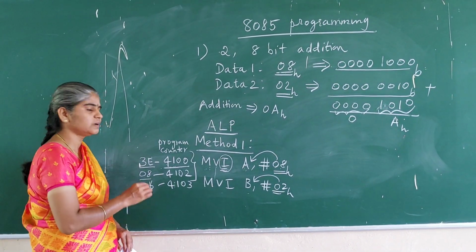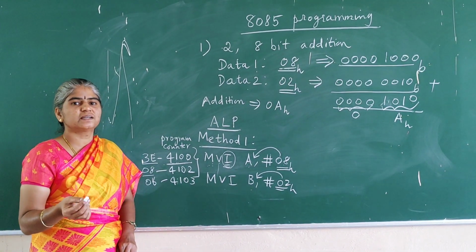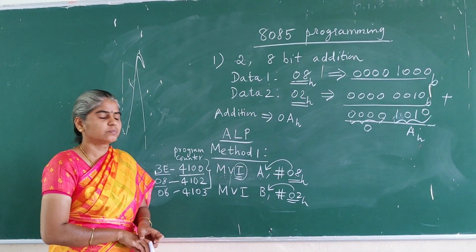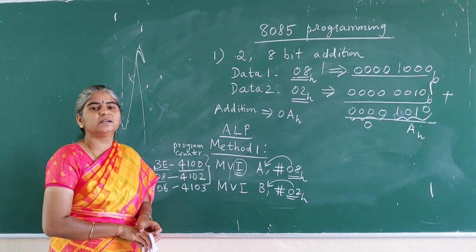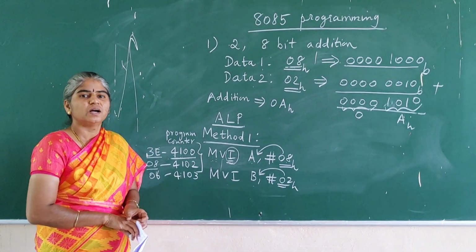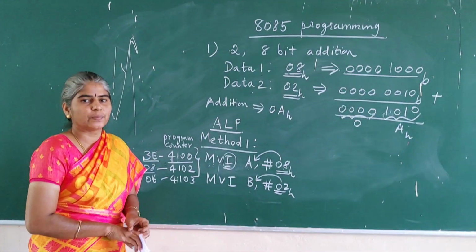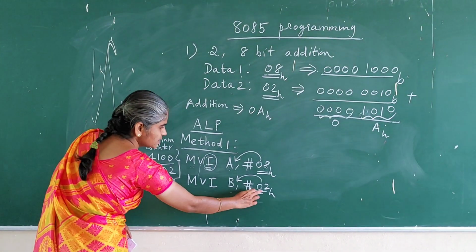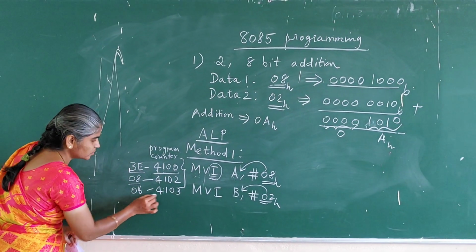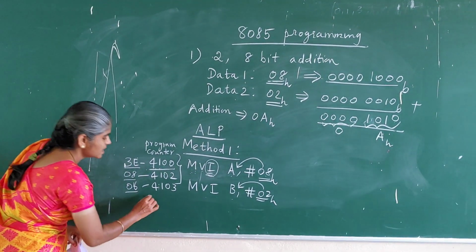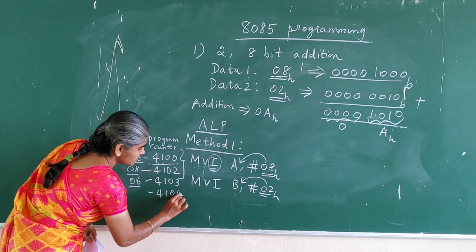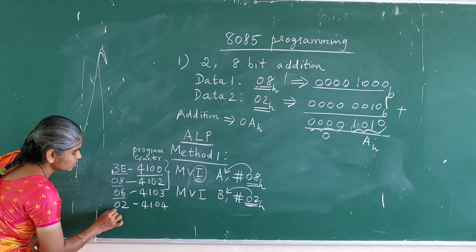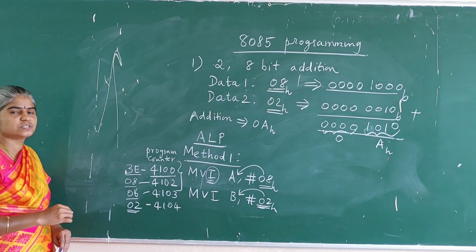Based on this instruction set, we are going to use the opcode sheet, which is used to write the program in a proper manner. So for 4103, MVI B,02, the corresponding opcode 06 is stored in 4103, and 4104 holds the immediate value 02. So this can be stored in 4104.